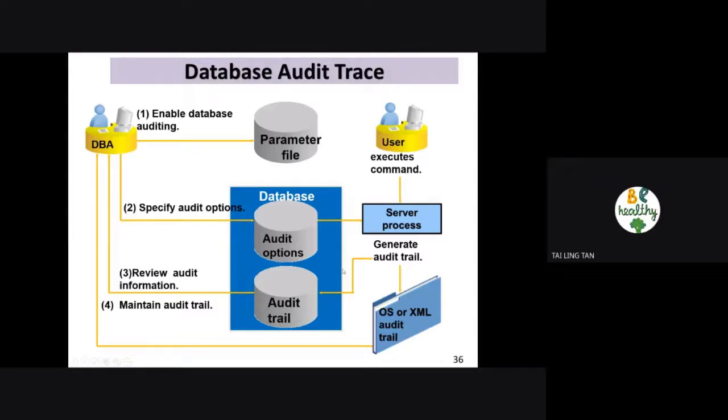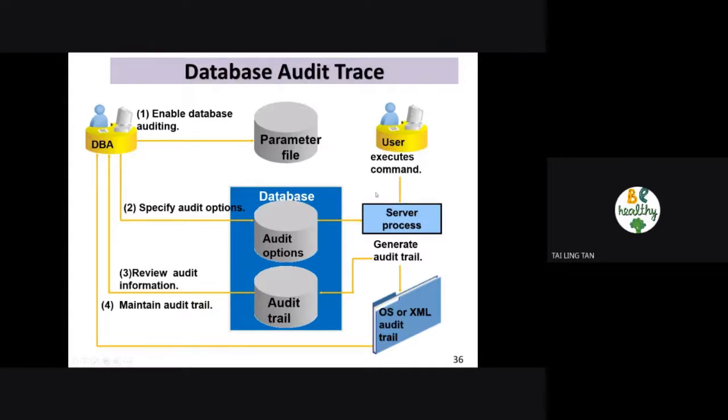A lot of these problems occur, so the company will need to do some checking. If the user already left the company, they will need to remove this user from the database. But a lot of the time, human resources may have forgotten this part and forgot to inform the DBA.